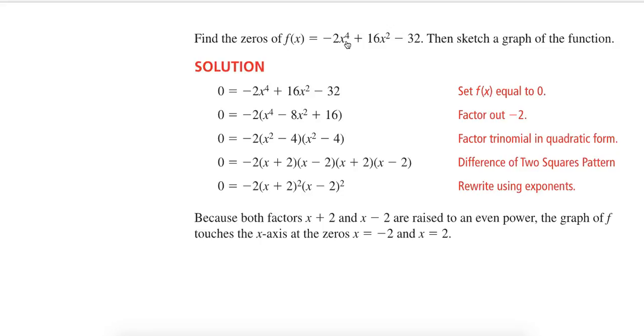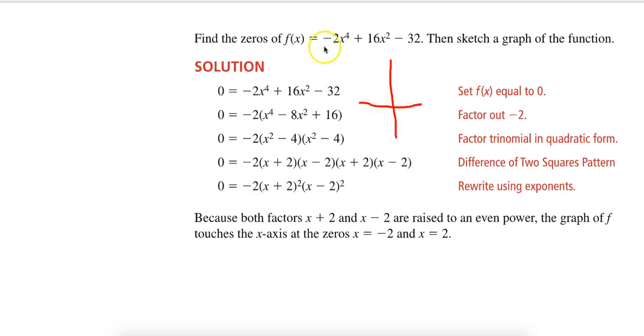That means our end behavior is going to behave more like a parabola than a straight line. Both ends of our graph go off in the same direction.